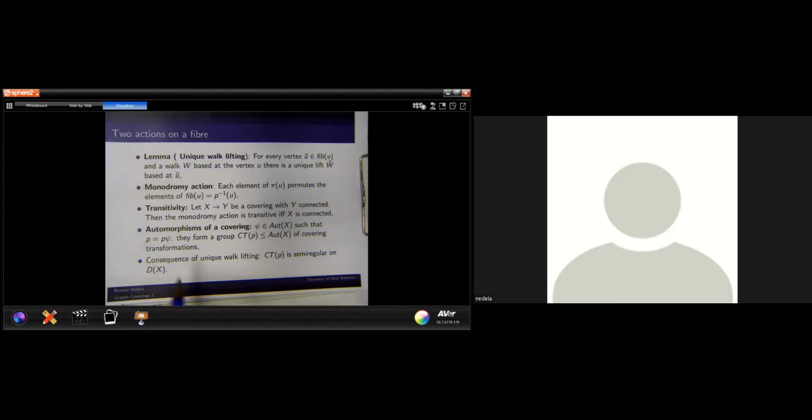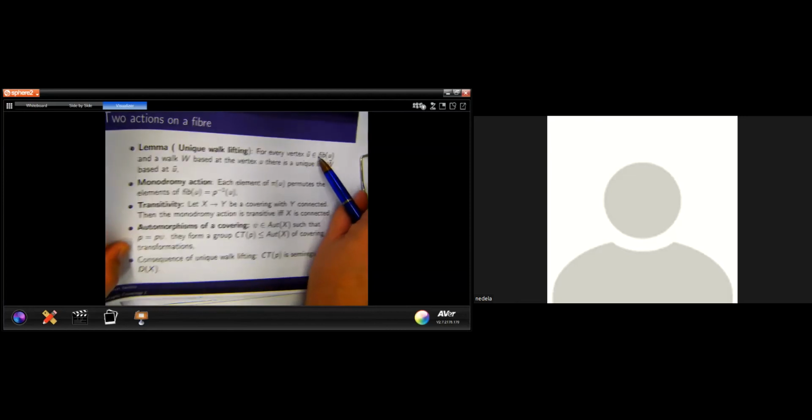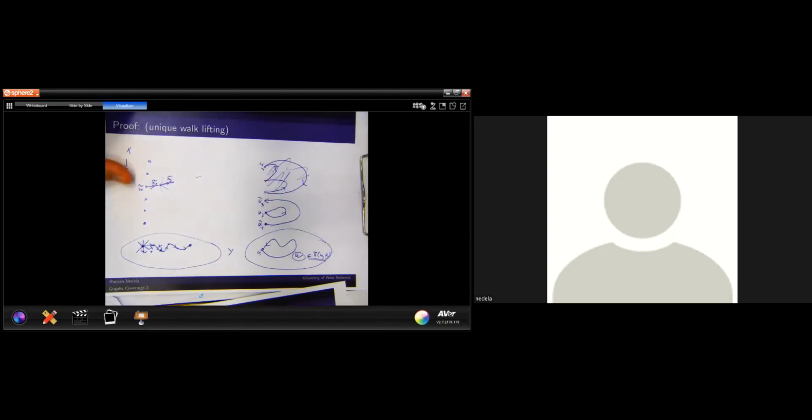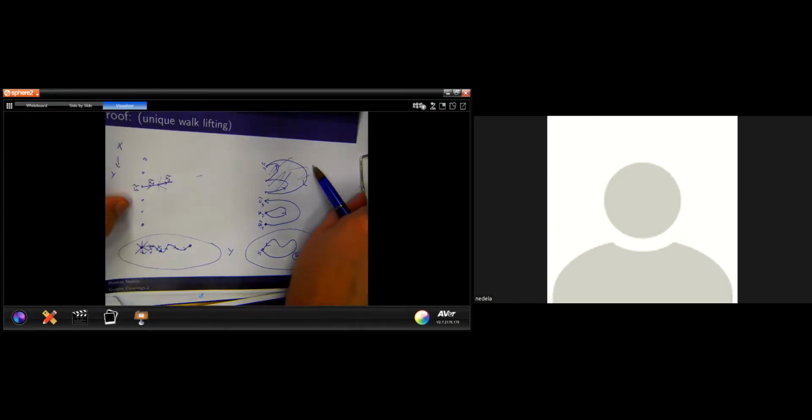And there is a nice consequence of the unique lifting, namely that the action of this group of covering transformations is always semi-regular on the dots. There is a group theoretical point of view to this statement.